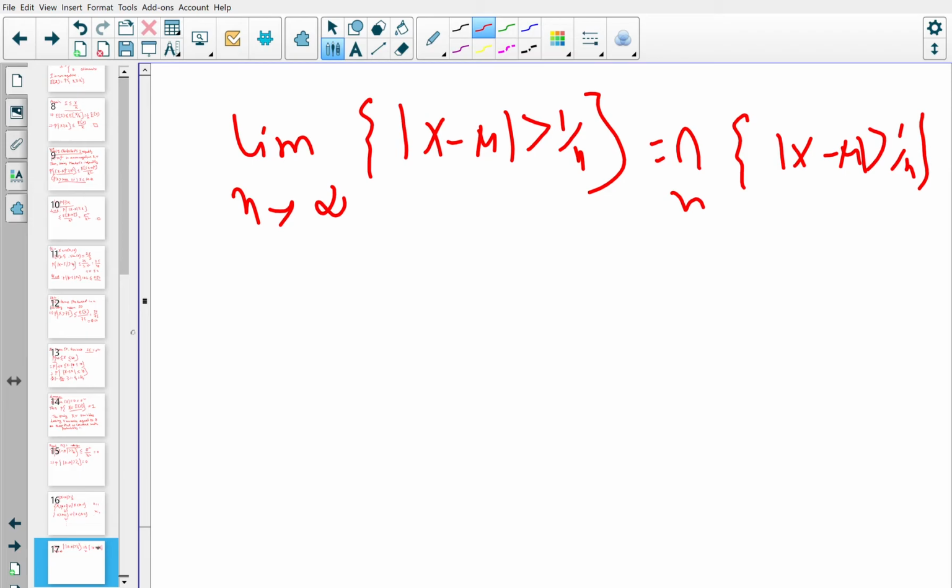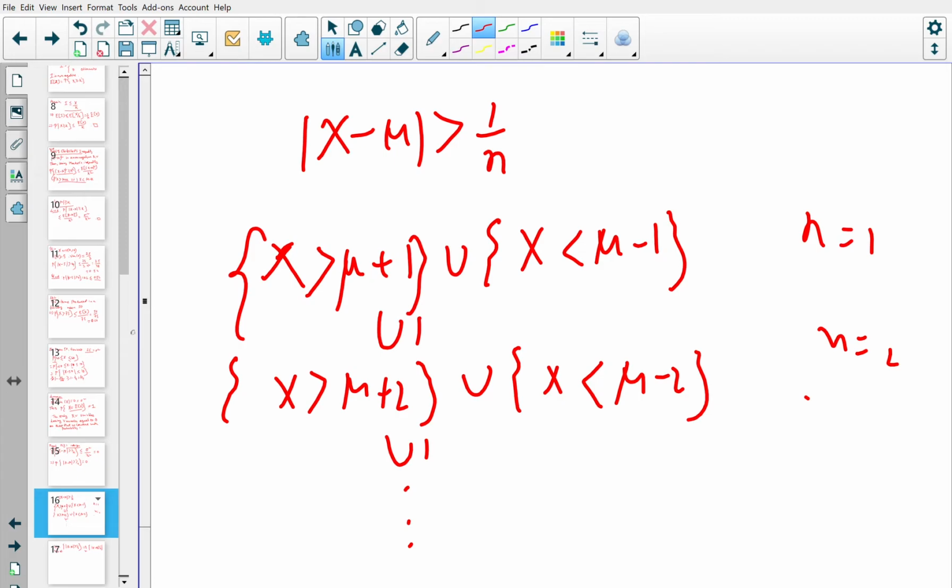Sorry, there is a mistake. For n equal to 2, it is 1 by n, so this is half. So that means mu minus half, so this is increasing actually, so it's the other way.